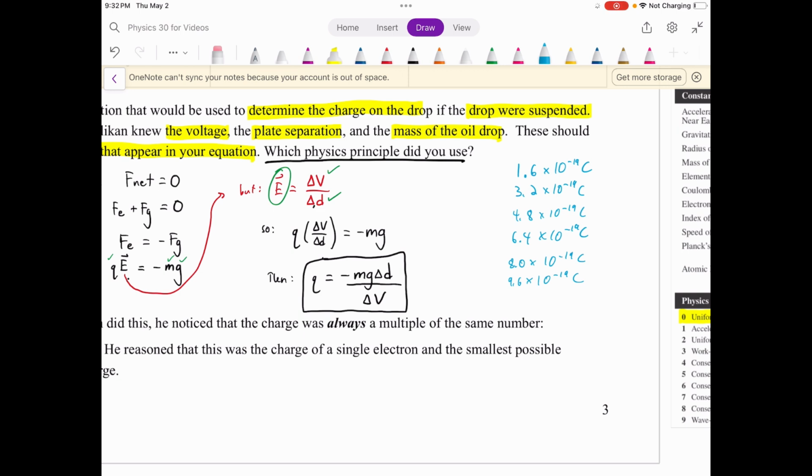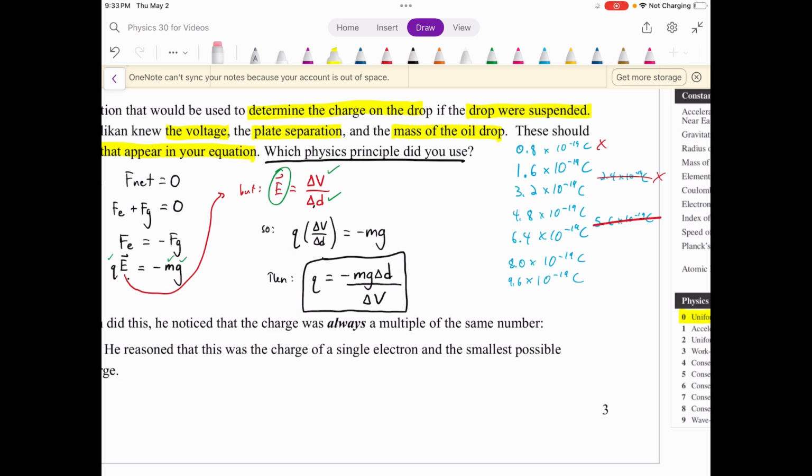But what he never, ever saw was anything like 0.8 times 10 to the negative 19 coulombs, or 1.5 times 10 to the negative 19 coulombs, or 2.4 times 10 to the negative 19 coulombs. He never saw anything like that, okay? Or, again, something in between numbers like this. He never saw 5.6 times 10 to the negative 19 coulombs. Nothing like that ever came up, and he did this for many, many oil drops.